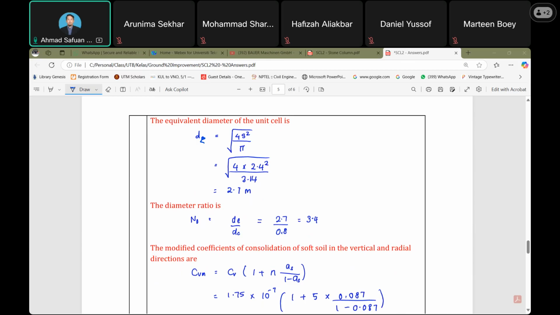So DC is the column diameter. This is DE, not DC. This is the formula for the DE. So then the diameter ratio is 2.7 over 0.8, so the value is 3.4.